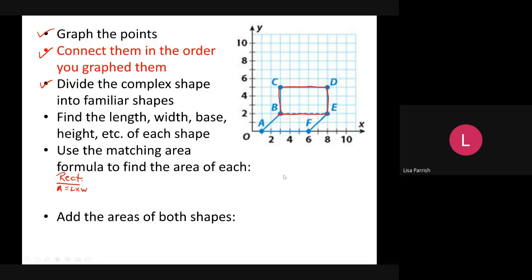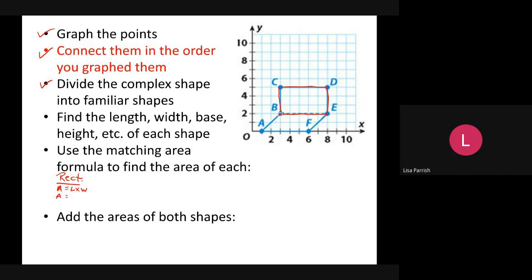So now I have to get the measurements of the length and the width to know what to multiply together. So if I look at my rectangle right here, this can be my length from B to E, and then from C to B or even D to E, either one of those sides can be my width. Okay, so let's count for my length.